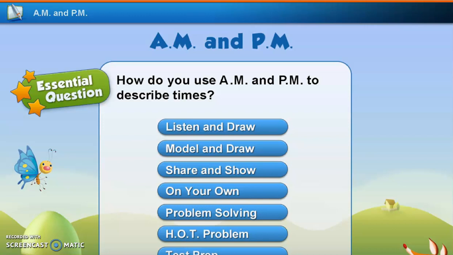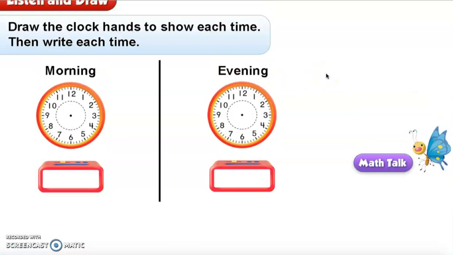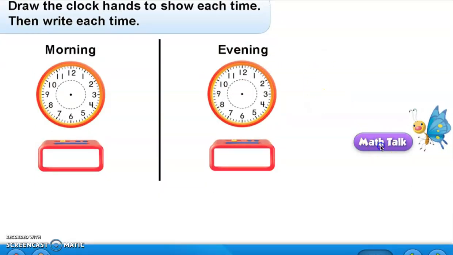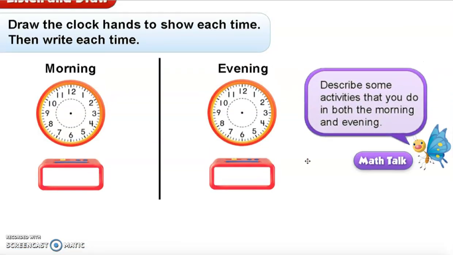So now we're going to continue on and find out just how we use AM and PM when we're telling time. Okay? So it says draw the clock hands to show each time, then write each time. So this is just another warm-up piece. We don't really have times for us to show, but it says describe some activities that you do in both the morning and evening.